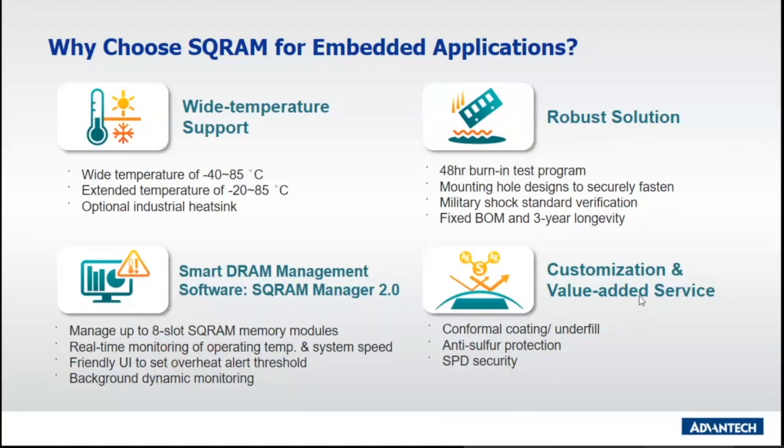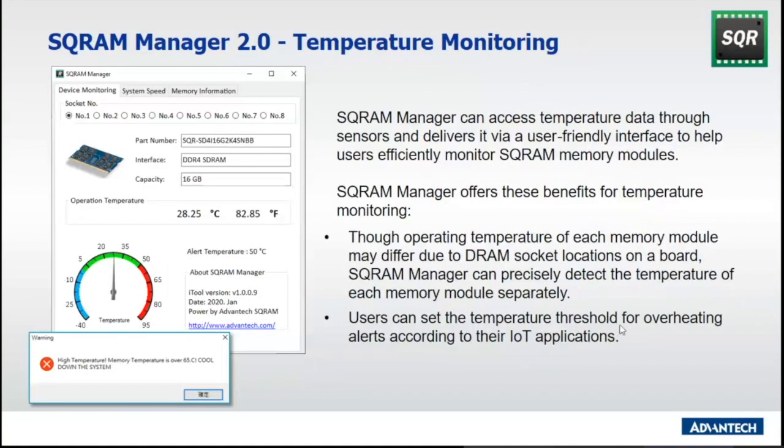This is a smart RAM management software utility where you can monitor dynamic real-time temperature, check some memory specifications, and it is also able to run in the background for dynamic monitoring. In addition, all SQRAM components shall pass 10G vibration tests, which are the basic industrial grade criteria and specifications.